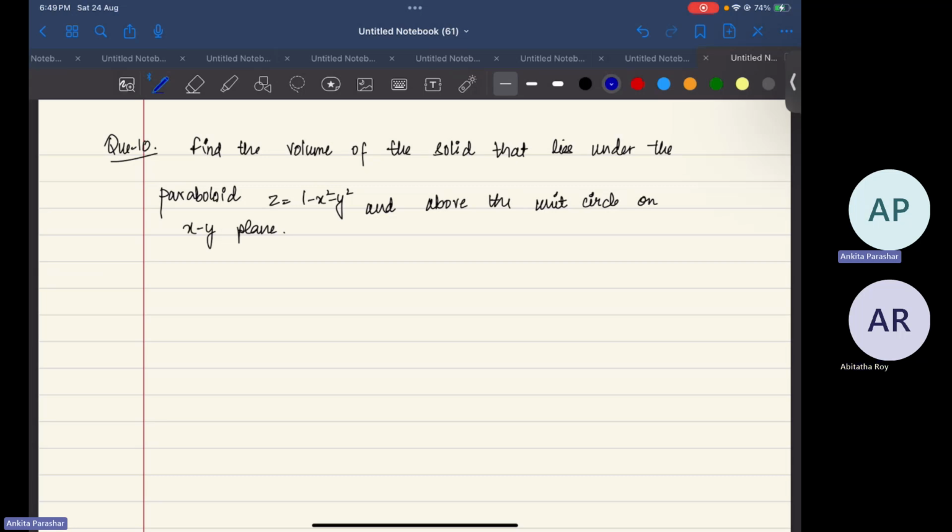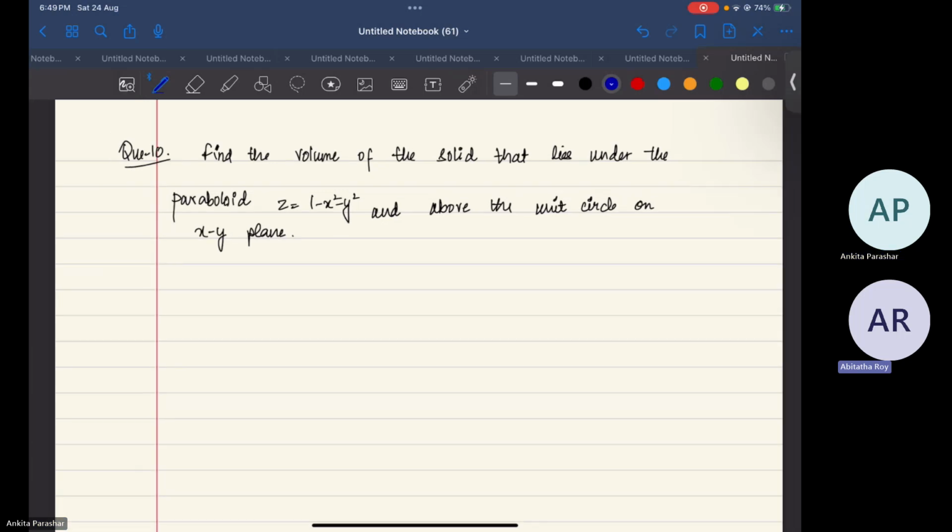Okay, so we have a solid which is lying under the paraboloid. It is almost a similar figure, and above the unit circle on the xy plane. I think this should be simple enough. The level surface of a paraboloid is a circle itself.